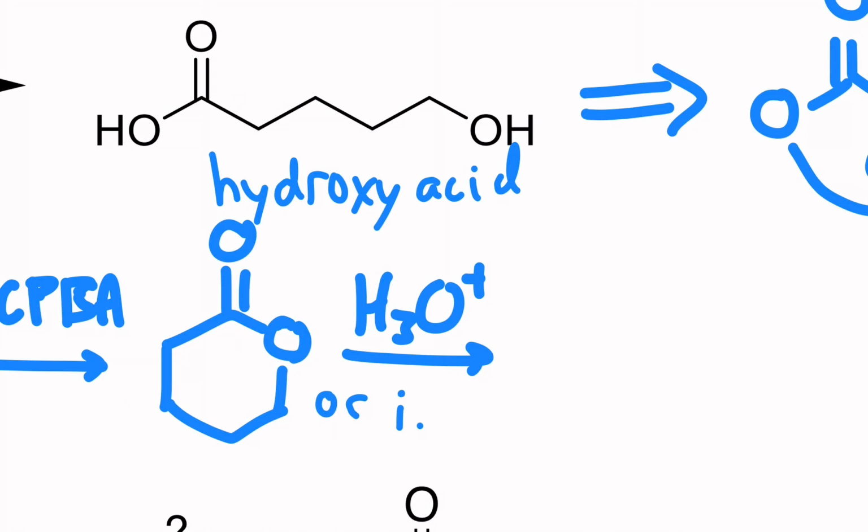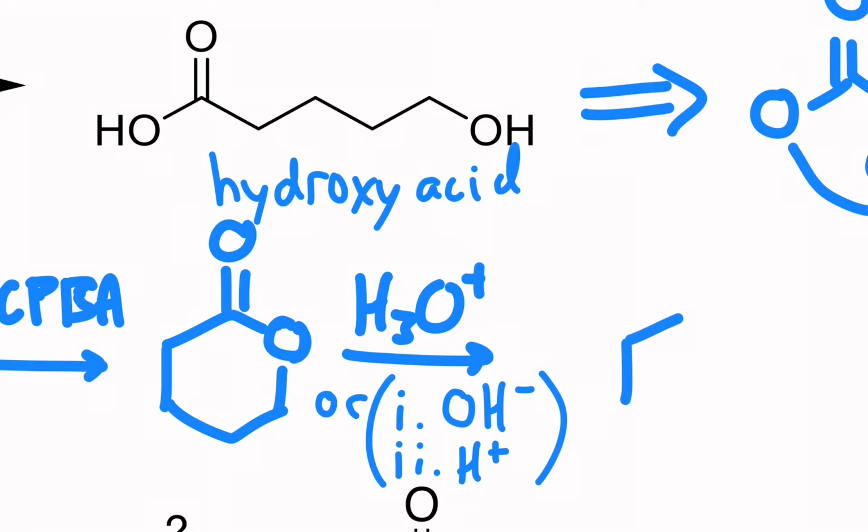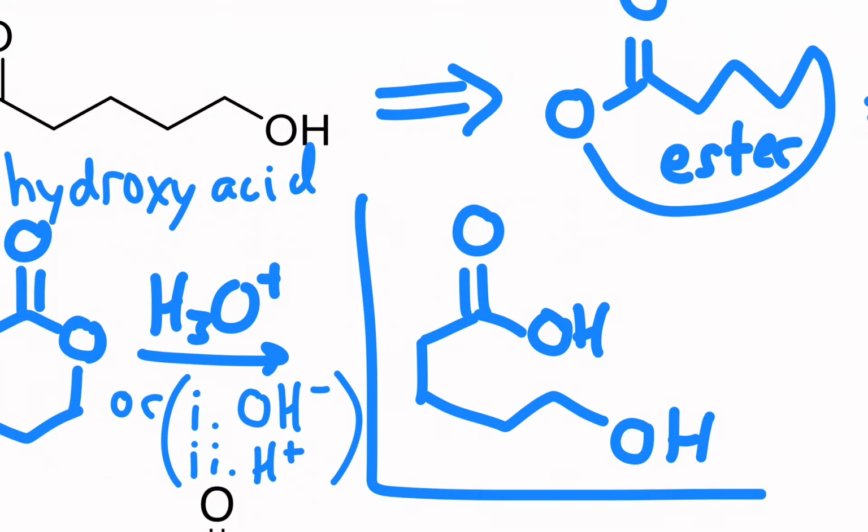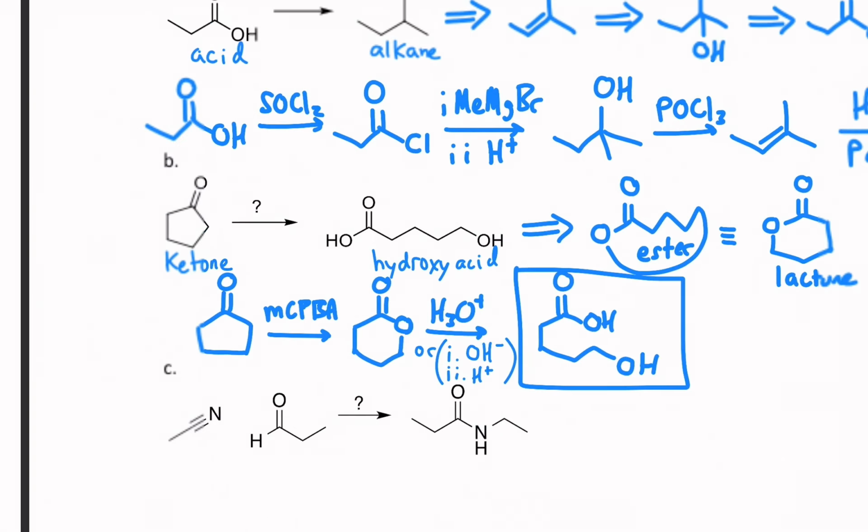If you did this and you're checking your answers, saponification is also good. That's base followed by acid. That also converts esters into carboxylic acids. So you'll get a carboxylic acid, but you'll also get this alcohol tethered to the same molecule, and that's actually the product that we want.